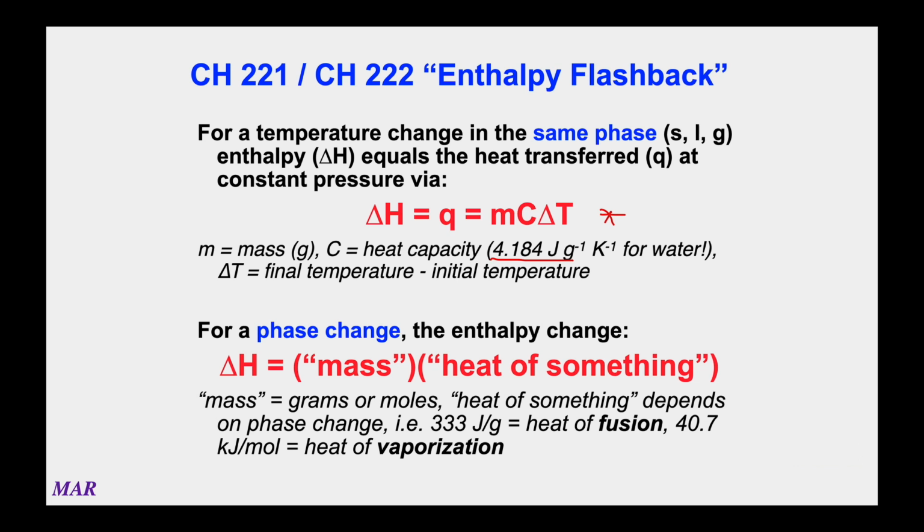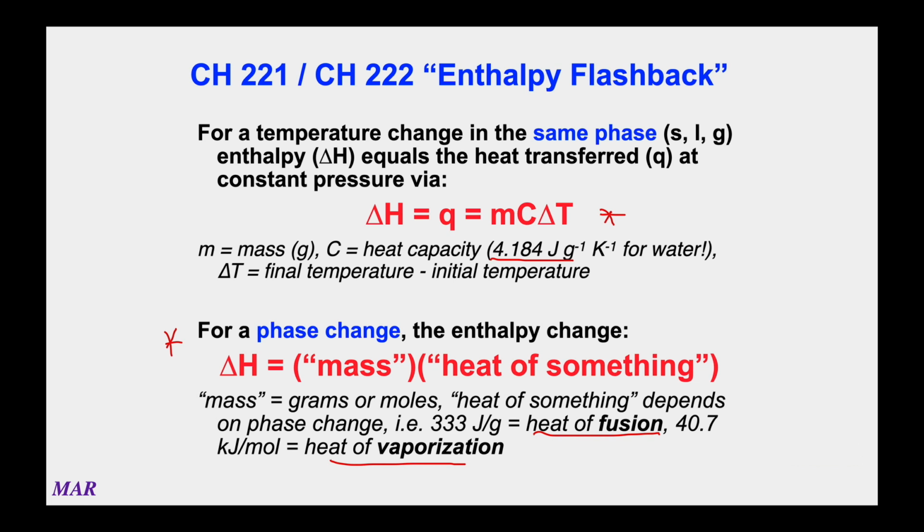Now, if you do change the phase, if you turn your liquid into a gas, or you take your solid and you turn it into a gas, which is possible, then you have mass times heat of something. And that's what I called it. And it's very embarrassing. But the problem with phase changes is that the units are all over the place. The heat of something will have a name like the heat of fusion, heat of vaporization, all these kind of things.